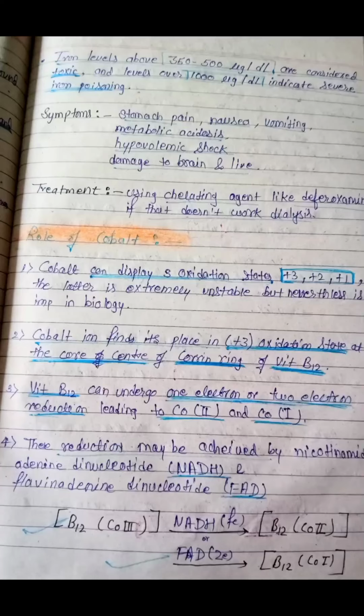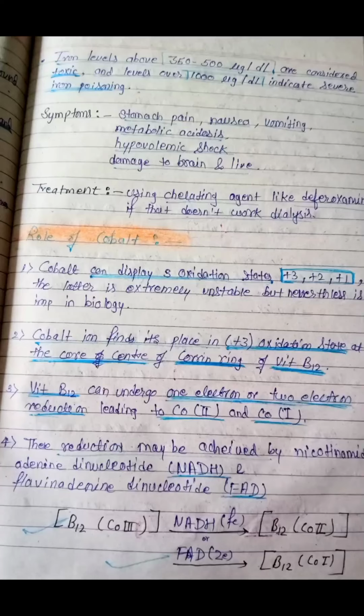The latter is extremely unstable but nevertheless is important in biology. Cobalt ion finds its place in +3 oxidation state at the core center of the corrin ring of vitamin B12. Vitamin B12 can undergo 1 electron or 2 electron reduction leading to Co2+ and Co1+.